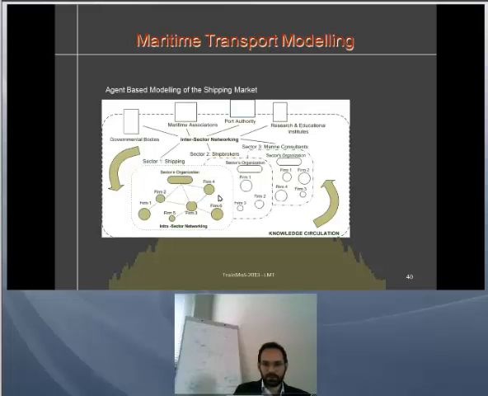So there's shipping, ship brokers, and consultants, and then there are governmental bodies, associations, the port authorities, etc. Between them there are inter-sector networks, and there is of course knowledge flow and knowledge circulation between these different stakeholders in the market. So this can be modeled by agents.